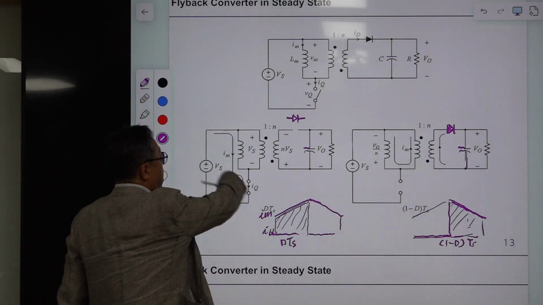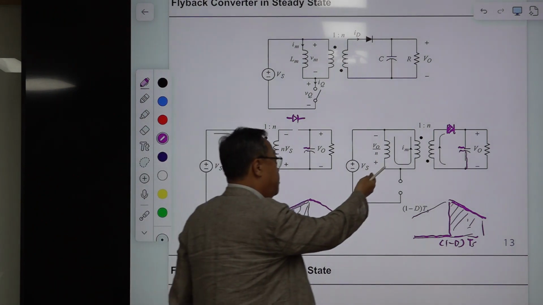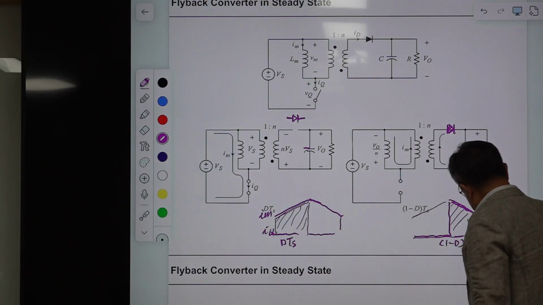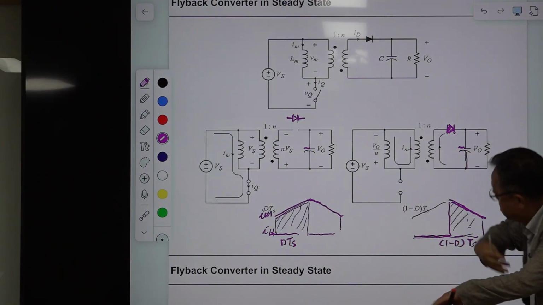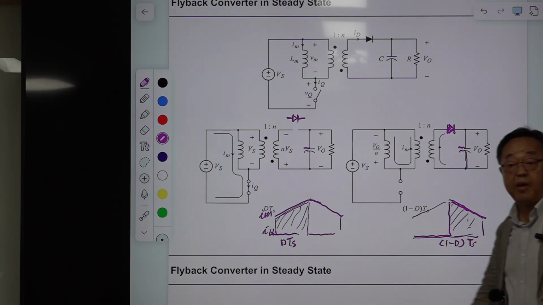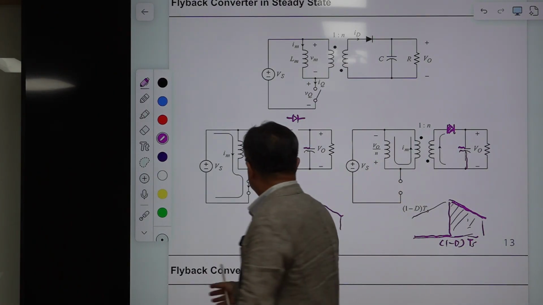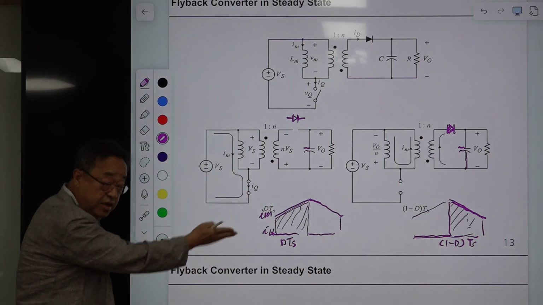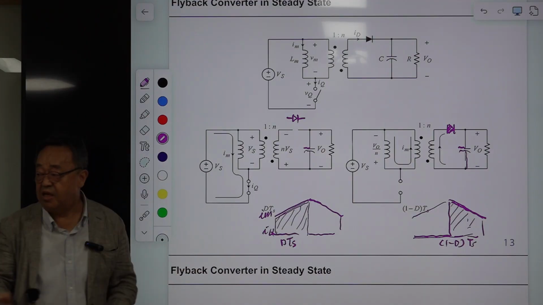During the on-time period this direction, during the off-time period this direction, and eventually this will reach this, and the next operational period will go up, go down, go up. This is the steady-state operation of the flyback converter. It never starts from zero. It starts from a finite average value, here. Right?